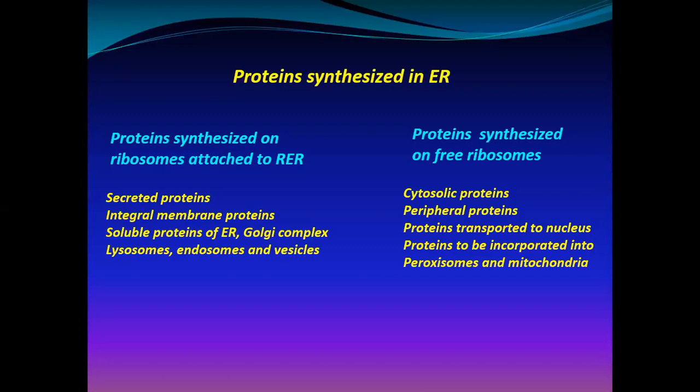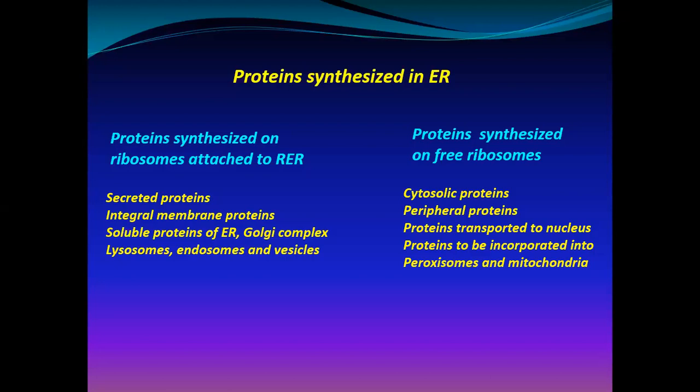So the proteins synthesized on ribosomes attached to rough endoplasmic reticulum are most of the time secreted proteins. Secreted proteins are secreted out of the cell as enzymes, as some functional proteins, and as some hormones. Or else these proteins are integral membrane proteins.